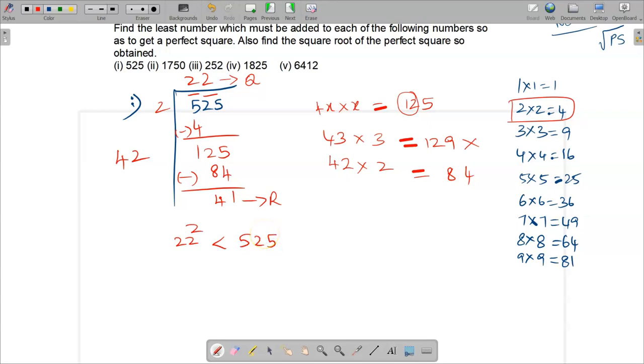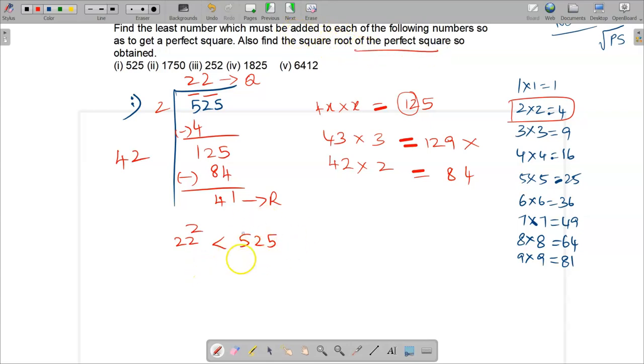Since we are getting a remainder, 22 square is definitely lesser than 525. If 22 square were equal to 525, then I would get the remainder as 0, but I am getting some remainder, meaning that 22 square is lesser than 525. They are asking us to find the next perfect square number.